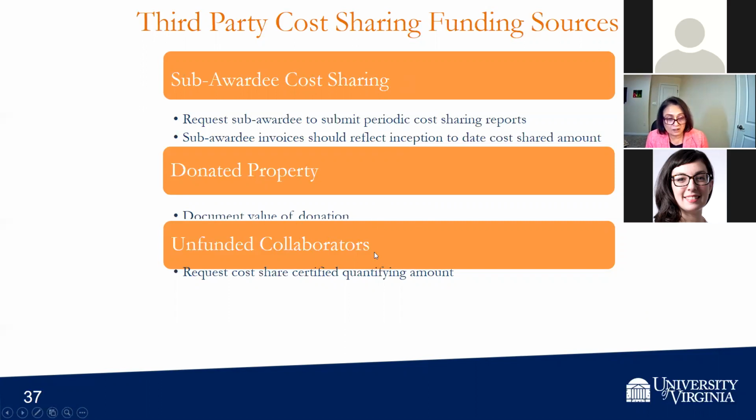I'm sorry, this is little, I don't know if you can see it. We have to document the value of the donation and put a dollar amount against that donation. Unfunded collaborators and consultants can also cost share, and again, we have to quantify their amounts based on their actual rates that they're not taking from us. So those are the third-party cost sharing documentation that we need to have.